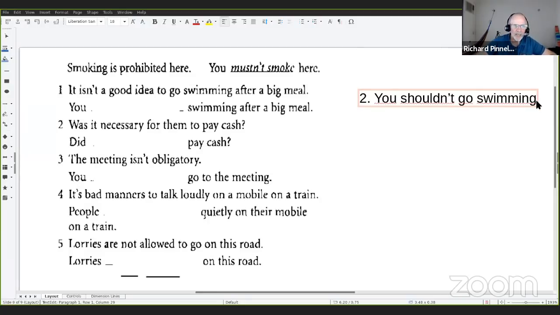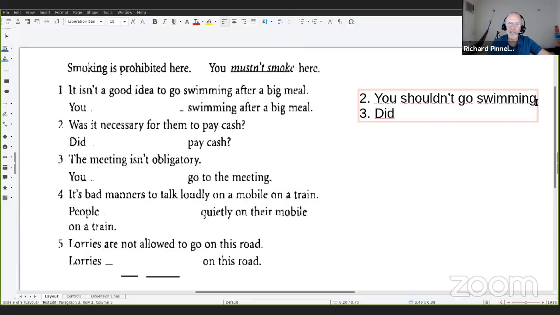Ok, vamos a seguir. Was it necessary for them to pay cash? Esta es una pregunta. Didn't have to pay. Did you say did or didn't? It's a question.